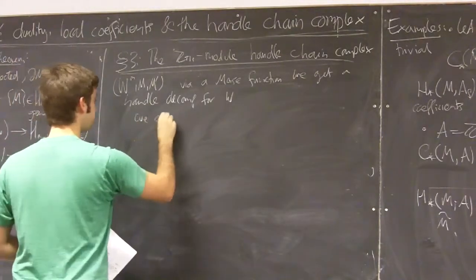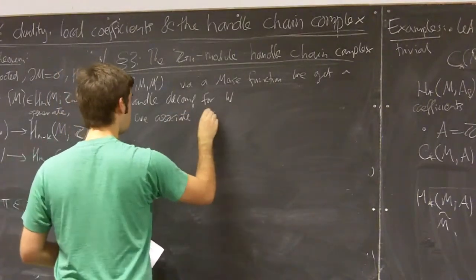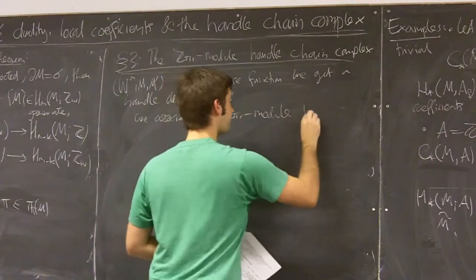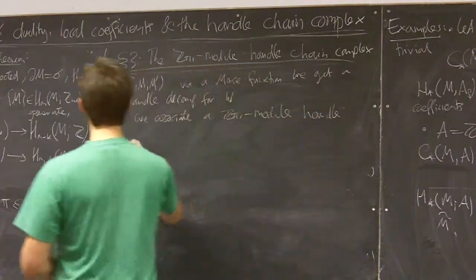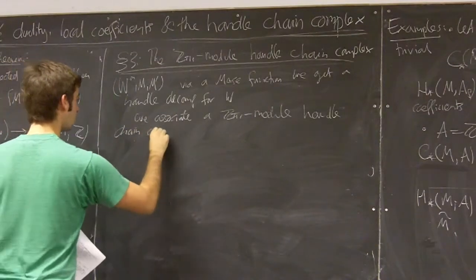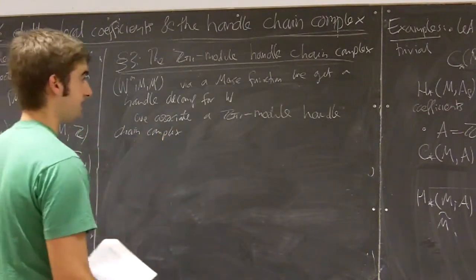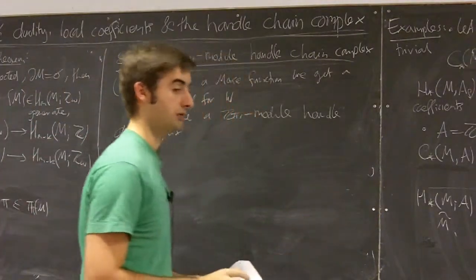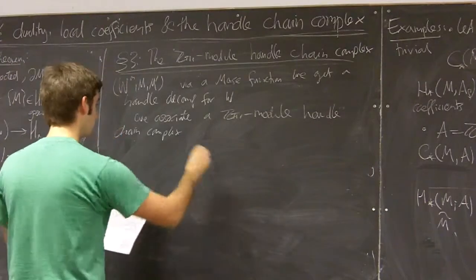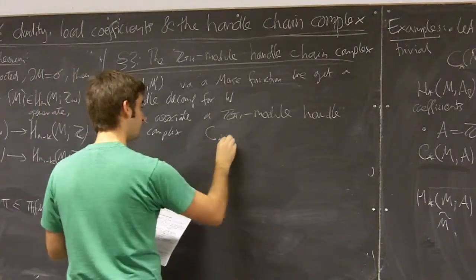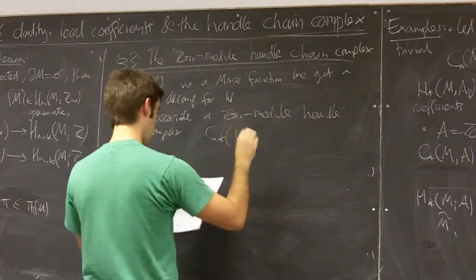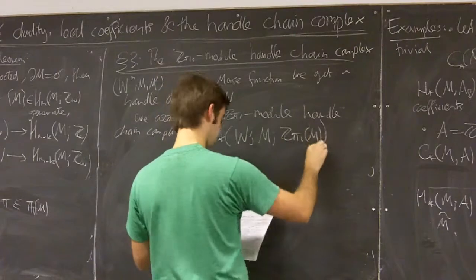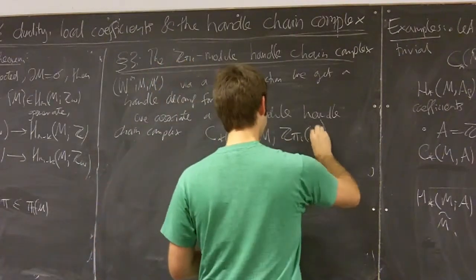and this is effectively just taking coefficients in Z pi 1. So we write this C star W rel M with coefficients Z pi 1 of M, of W rather.